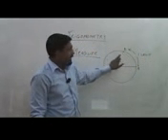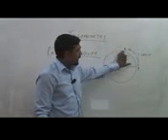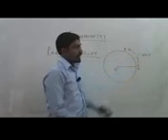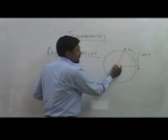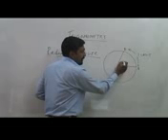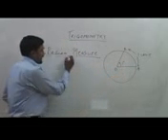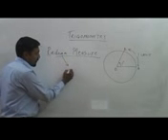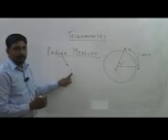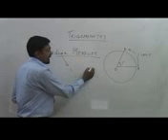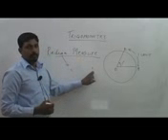Angle subtended at the center by an arc of 1 unit is said to have an angle of 1 radian. Radian is denoted by small c, whereas degree is denoted by a small circle.